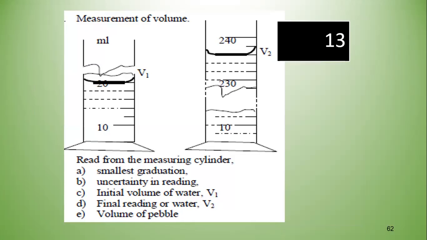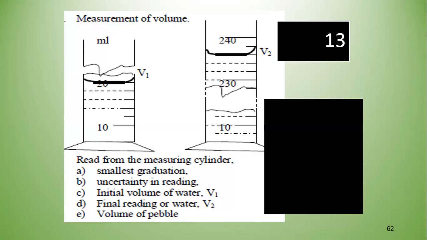In an experiment, the smallest graduation you must be able to read in this case is 2 cm. So the uncertainty in reading is one reading, you divide by 2, we get 1 cm. As I said, we hardly use that. Usually we use the smallest graduation as our uncertainty.